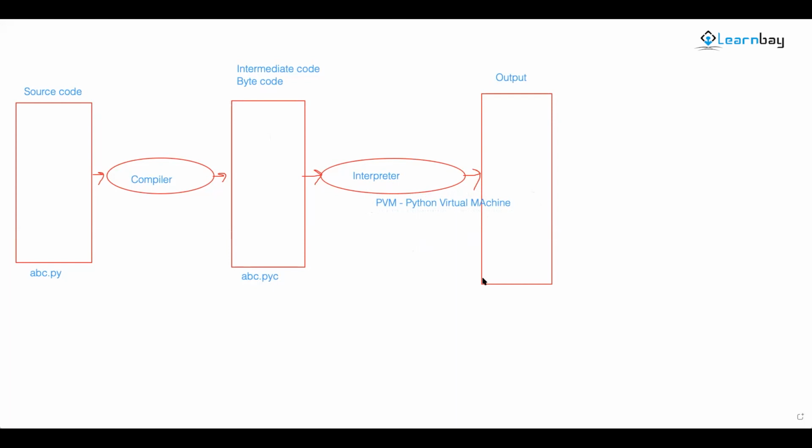Okay. Now, so we have compiler and interpreter both. So what is the use of this compiler and interpreter? If you remember yesterday, we have discussed about how the C code getting executed. So we have the source code, we have compiler, and then it creates the executable code, which gives you the output, right? So we have only one compiler. So basically, we have divided this translation in two parts in case of Python.